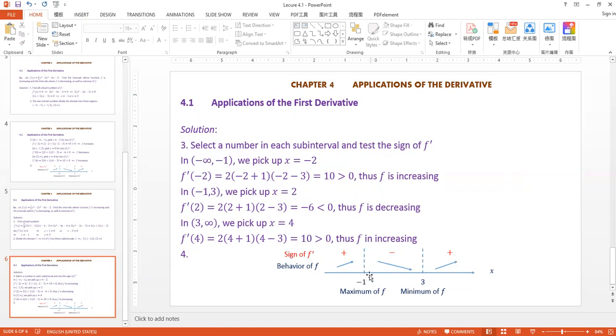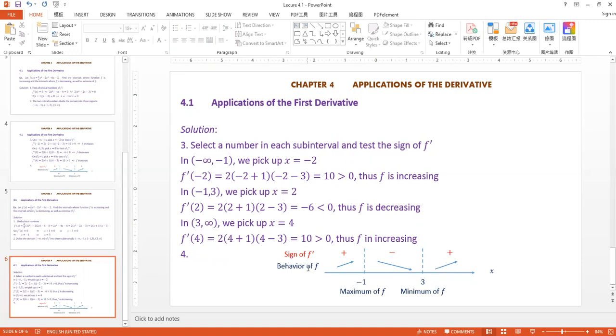And we already picked up a test number in each subinterval, and we found the sign of the derivative of f in the first interval is positive, from -infinity to -1, and the derivative is negative in the subinterval from -1 to 3, and in the subinterval from 3 to infinity, we picked up a number and found the derivative is positive.